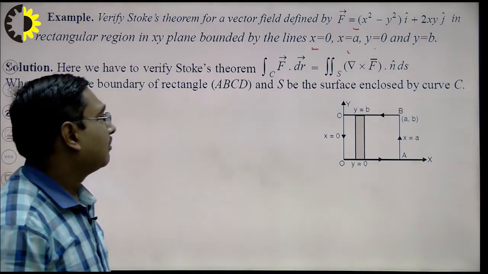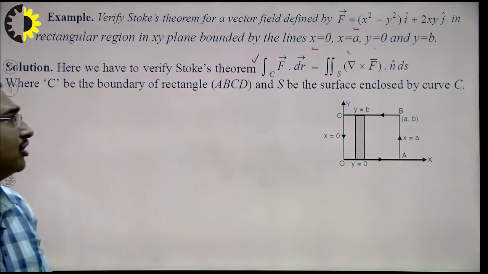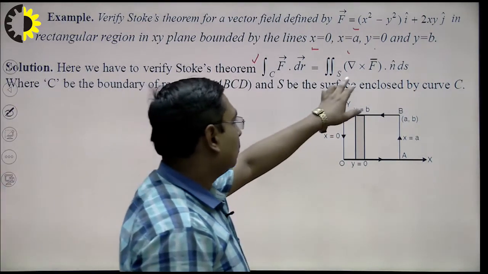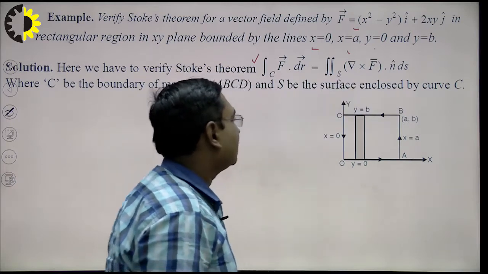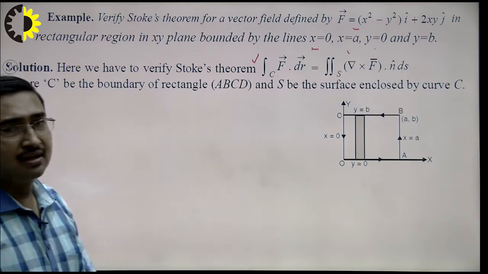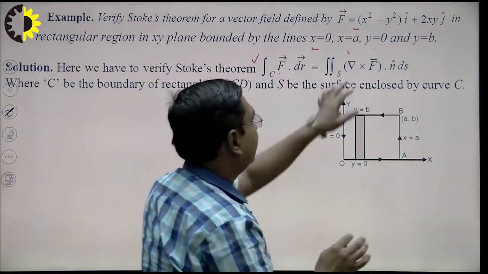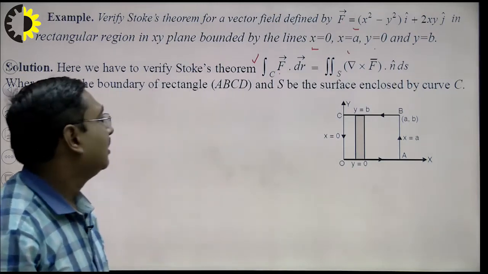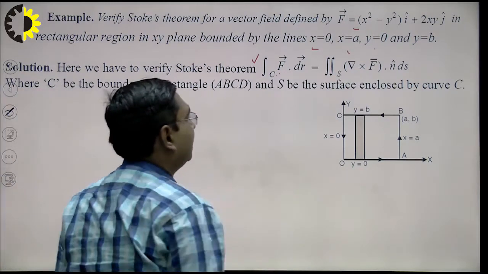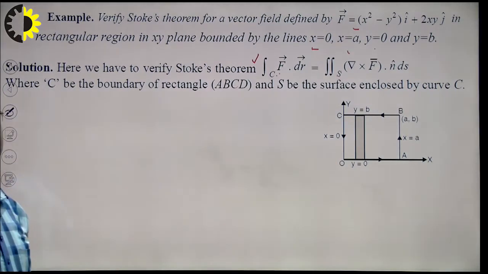By Stokes theorem, we know that integral over C f dot dr must be equal to the surface integral over surface S del cross f dot n cap dS. Now here this function f is given in the problem. This curve C and this surface S are to be decided from the given information.